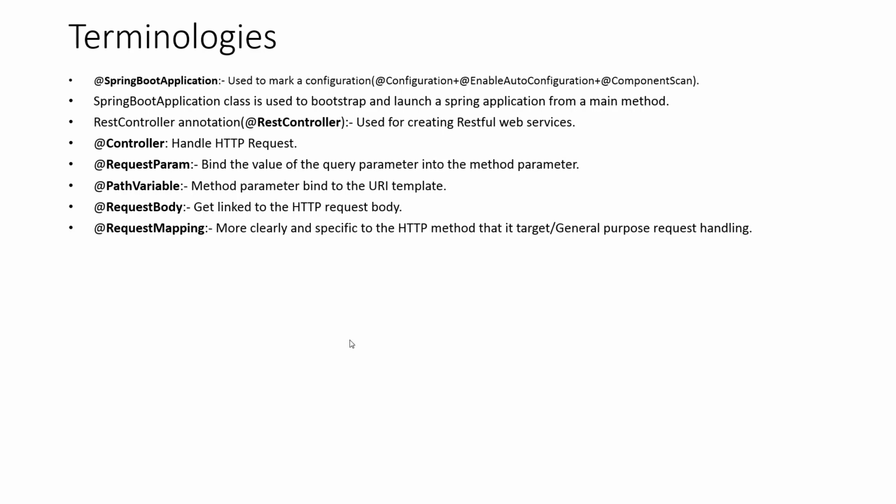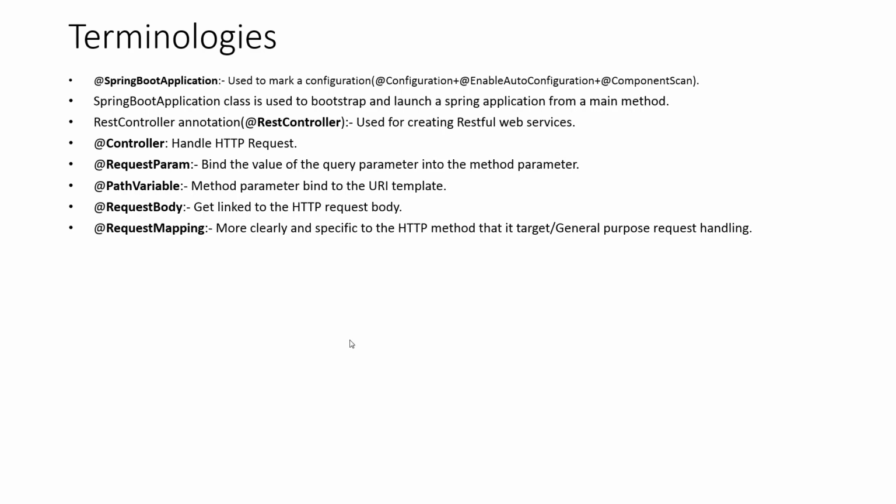The next thing is request mapping. Request mapping is general purpose request handling. It handles all HTTP requests. For instance, if you want to perform a delete operation or a put HTTP operation, it helps us to handle that.